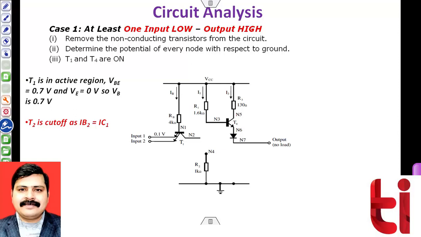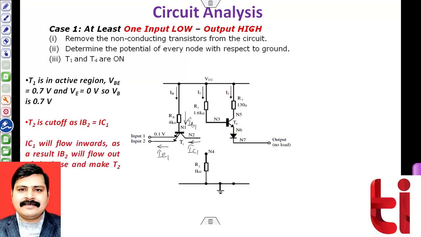You can check, as my base current is flowing like this. Suppose this is my IB1, and to this terminal I have the emitter current, suppose IE1. Then as per the notations, this will be the direction of collector current, that is my IC1. That means the flow of collector current will be inwards. And as you can check, the collector current is flowing inwards.